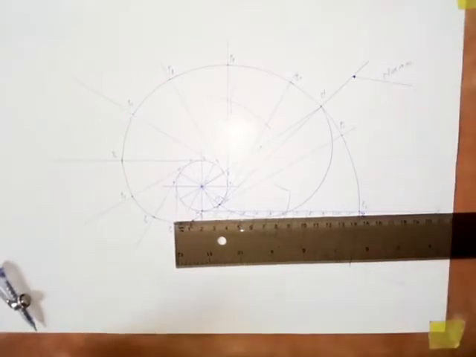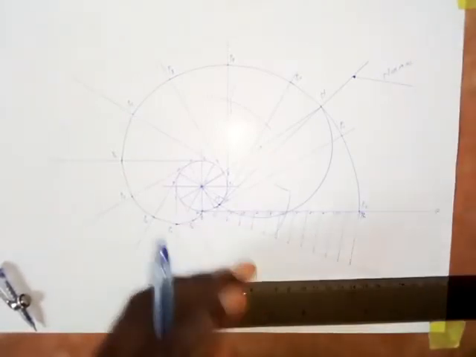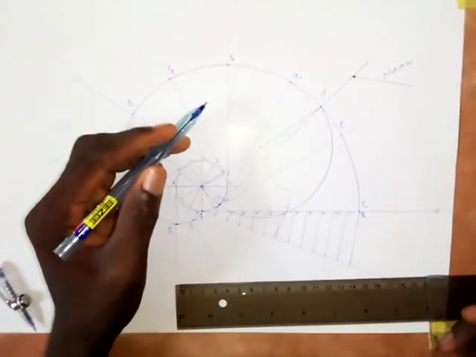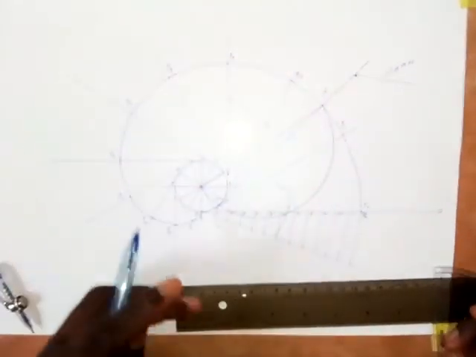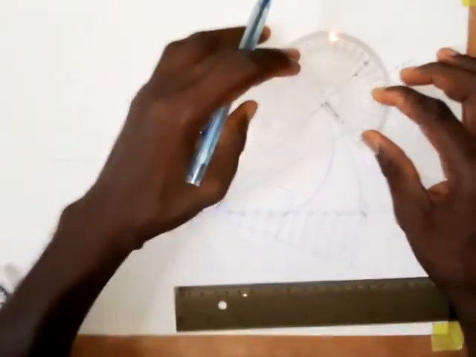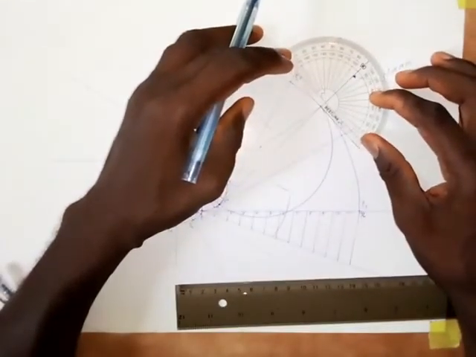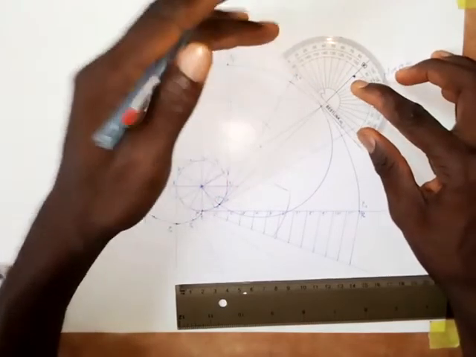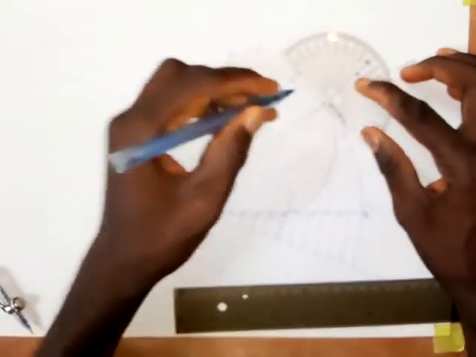Now, to draw the tangent: a tangent is always perpendicular to a normal. That means it is at a right angle to the normal. So I will make use of this protractor. Make sure the 90-degree line is on the normal. I'll move it up a bit so that you can see the point.